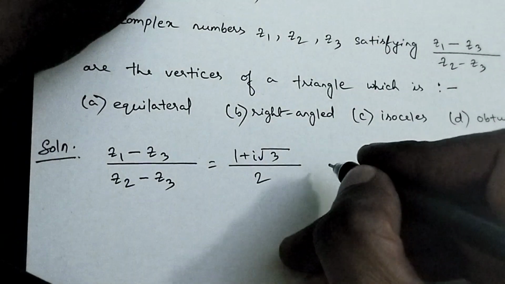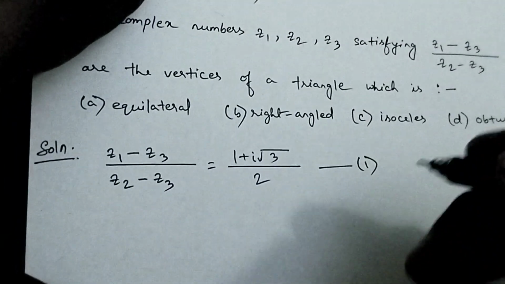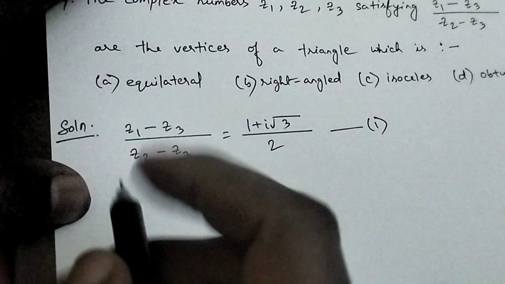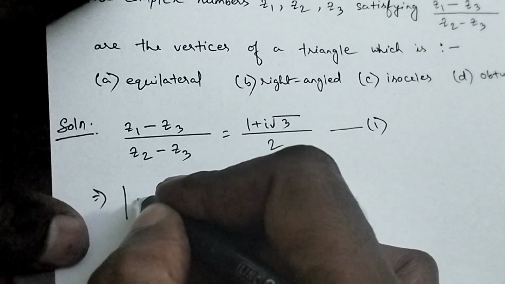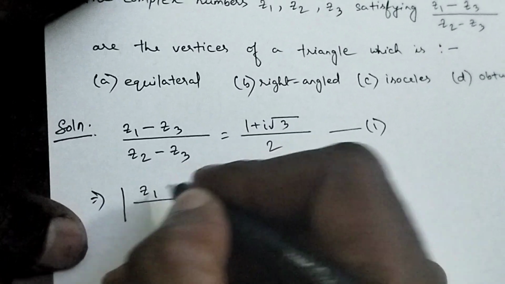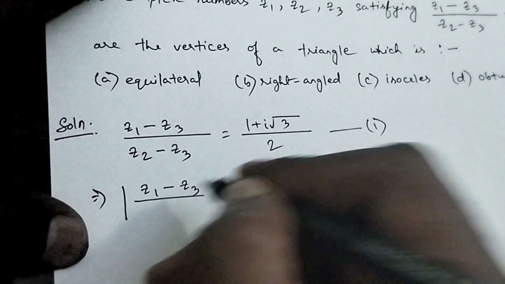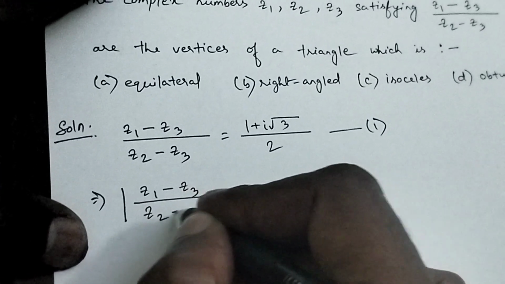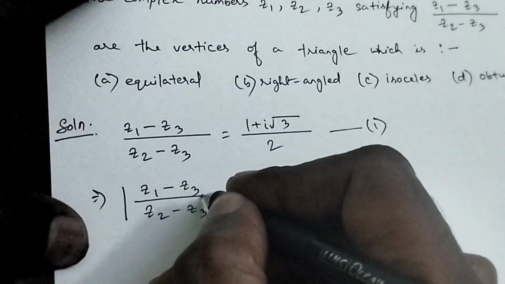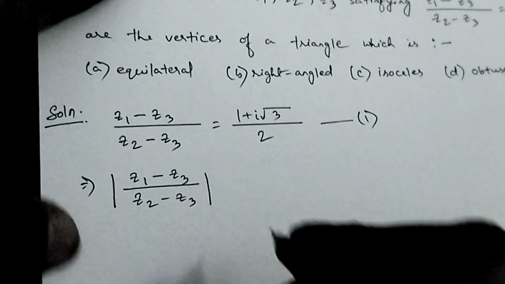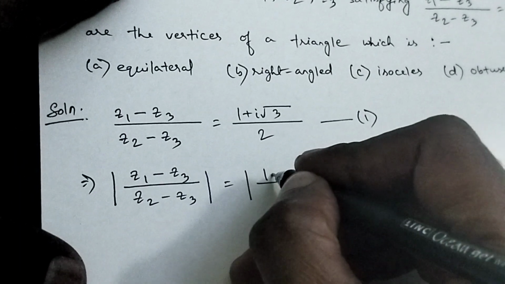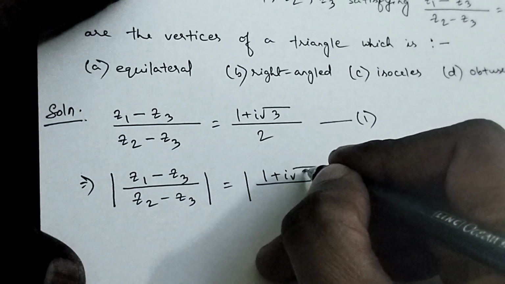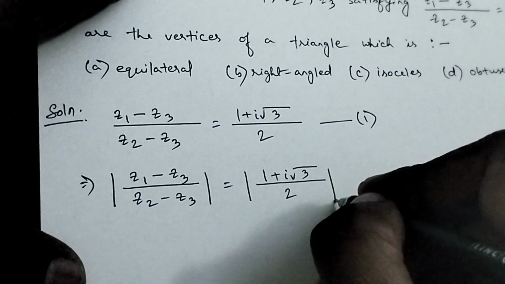Name it as equation 1. Now I will take mod on both sides: mod of (z1 minus z3) by (z2 minus z3), and this side also mod of (1 plus iota root 3) by 2.